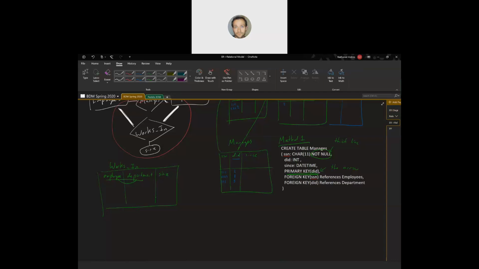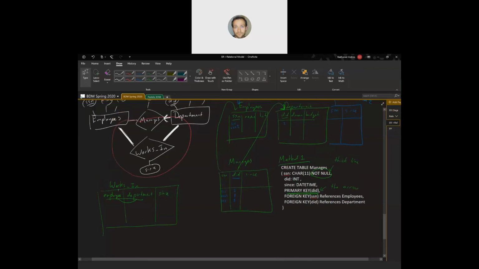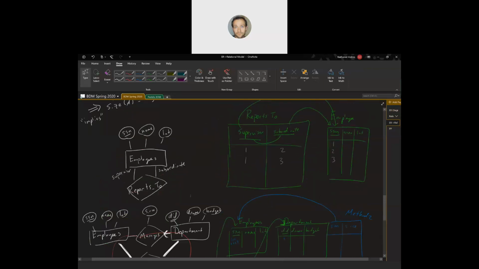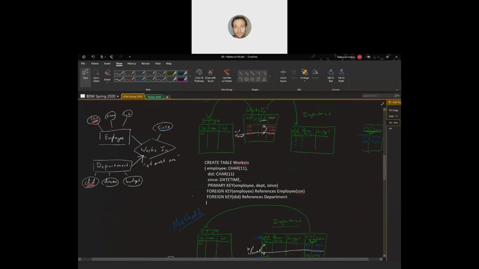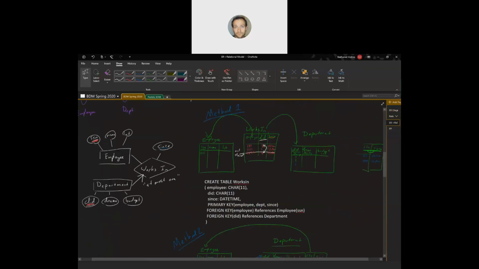You can name things like this if you want. You can name these columns sort of whatever you like, because you can always, like here, I named this column employee, but I can just have it reference.